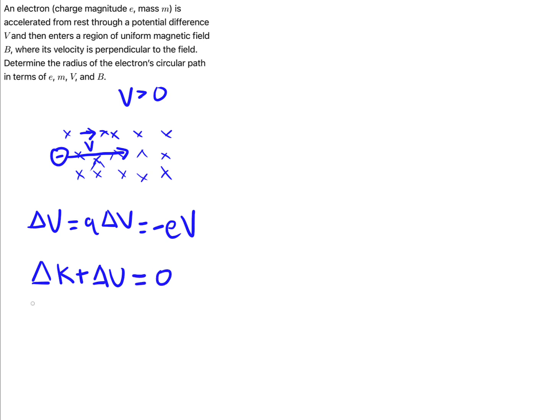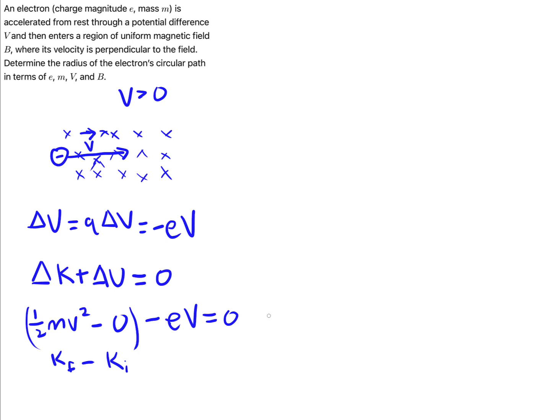The change in kinetic energy is 1/2 mv squared minus 0, the final kinetic energy minus the initial kinetic energy, and the change in potential energy is negative eV.